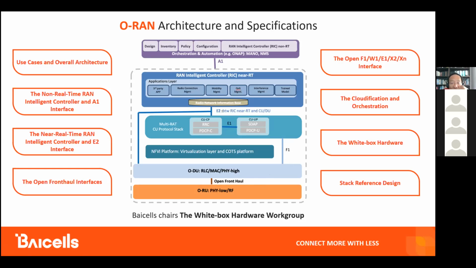The RIC function on the CU is a near real-time control, which provides lower latencies. And the RIC control on the management layer is non-real-time control, which typically handles configuration and performance management services.